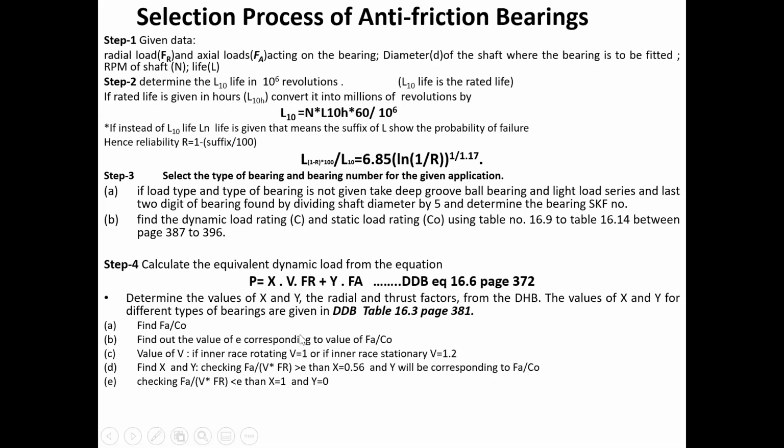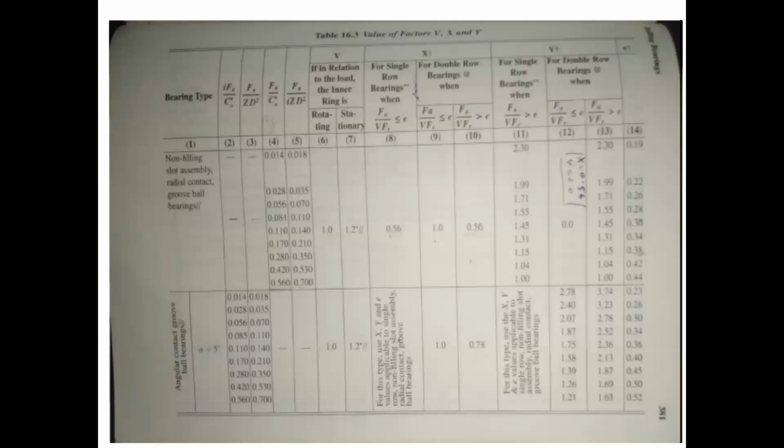Once we have calculated Fa upon C naught, we find the value of small e. This is the error factor e, which is given in table number 16.3 in the machine design data book, in column number 14.